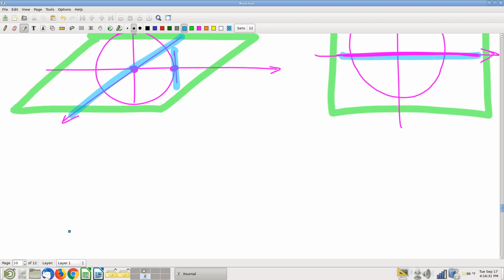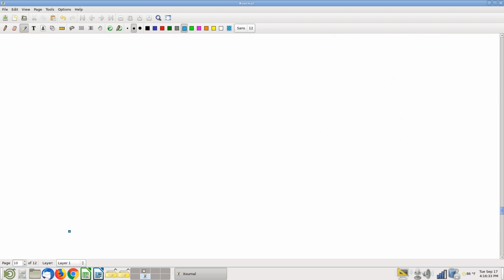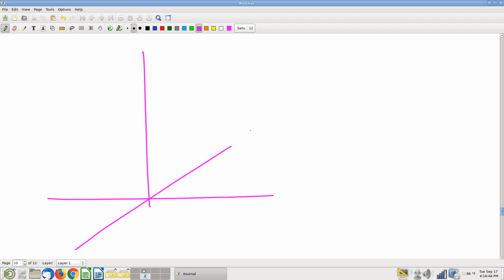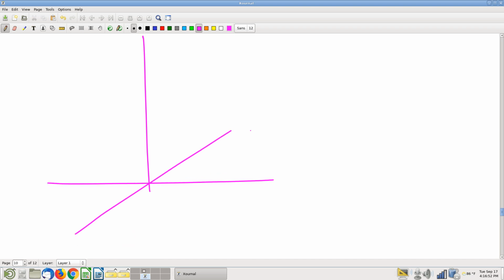Okay, so let's take a better attempt at it. Coming down here, give ourselves some extra space. Do a better job here. There we go. Here's an axis system. Let's label our axes.